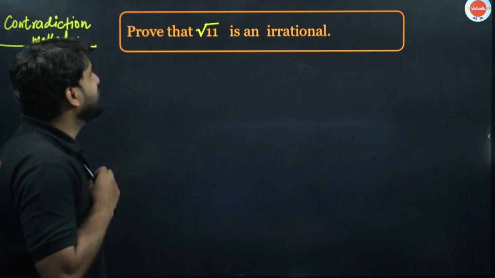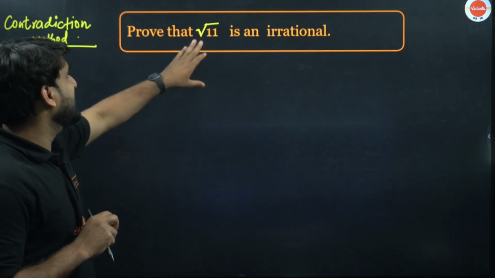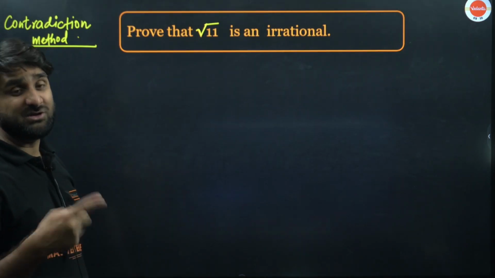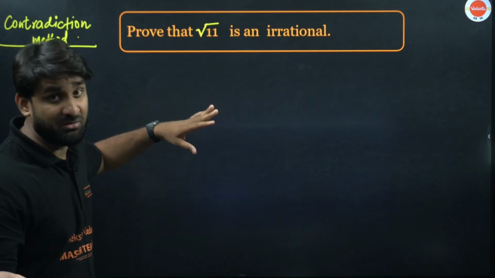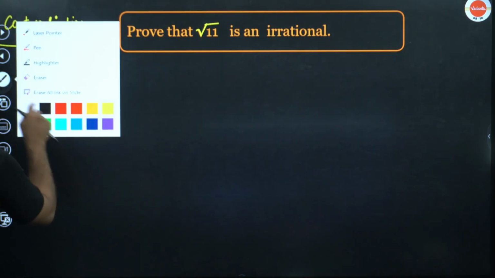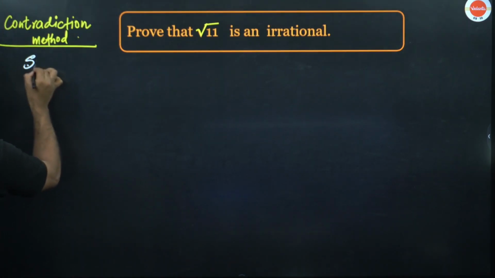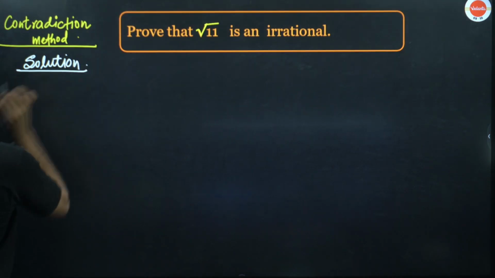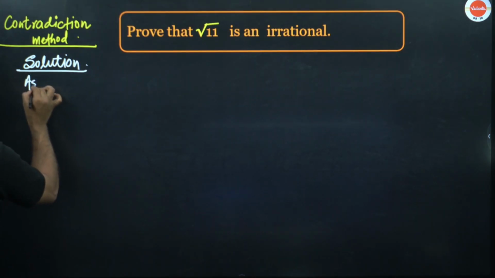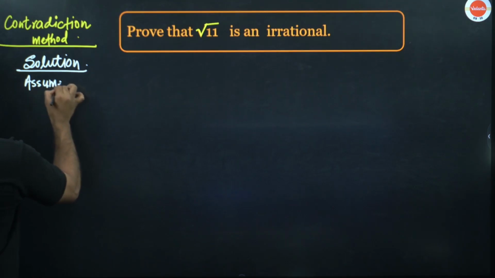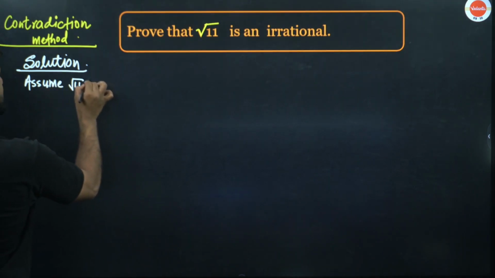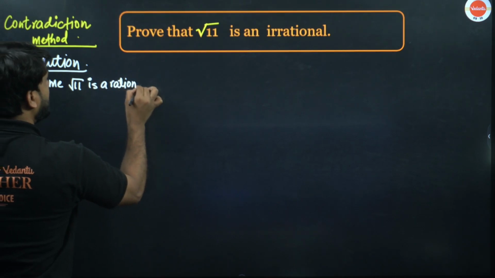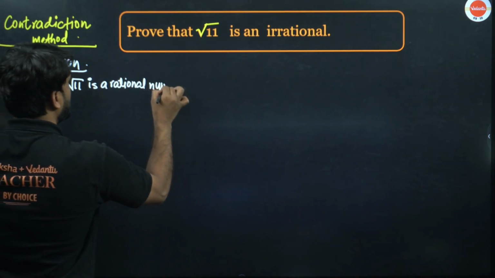Okay, so to prove any under root number as irrational, we start the solution by assuming the given number as a rational number. Solution: assume root 11 is a rational number.